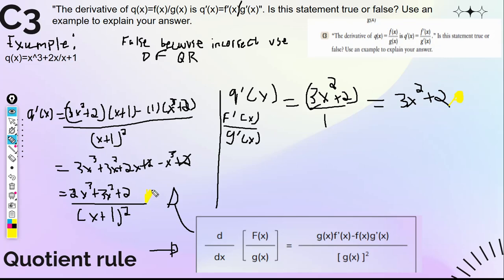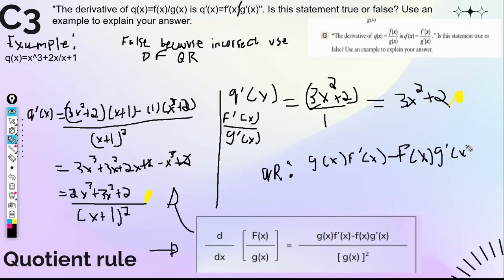So again, this statement is false because it's the incorrect use of quotient rule. Quotient rule is supposed to be used like this. I'm going to write it. Quotient rule is g(x) f derivative x minus f(x) g derivative x, over g squared.